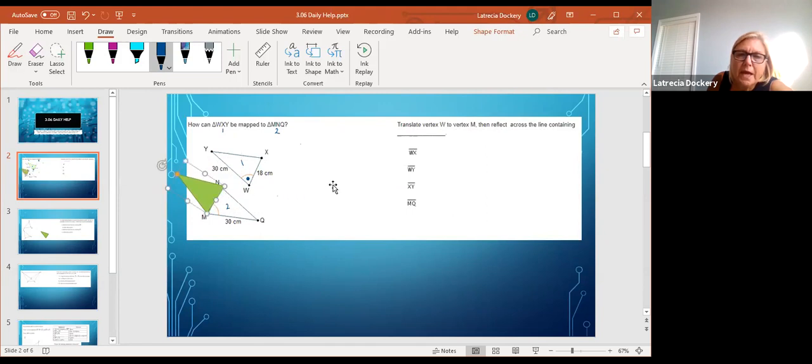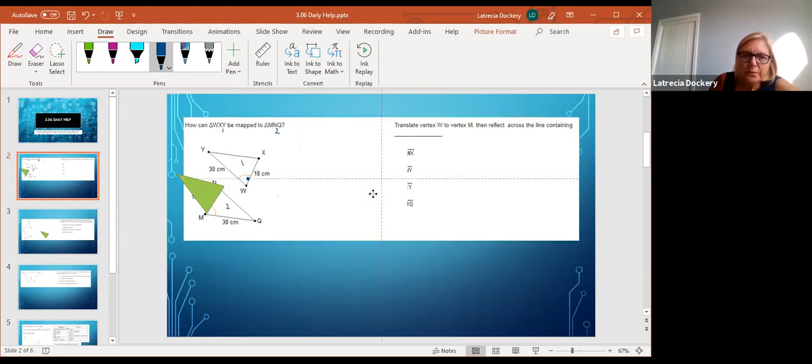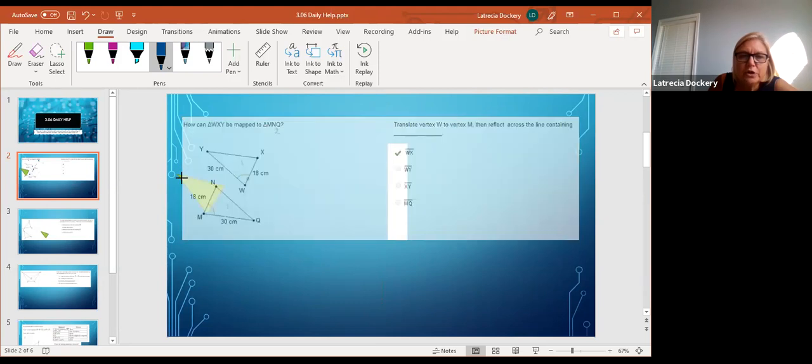Then it wants to know, then reflect across a line containing what? Obviously we can see this now, right? We see that the line of MN, if we were to reflect across that, then this point up here would be our Q point.